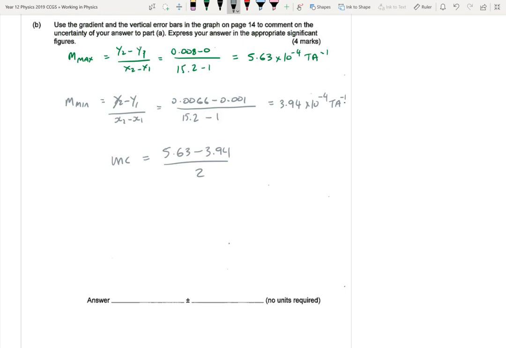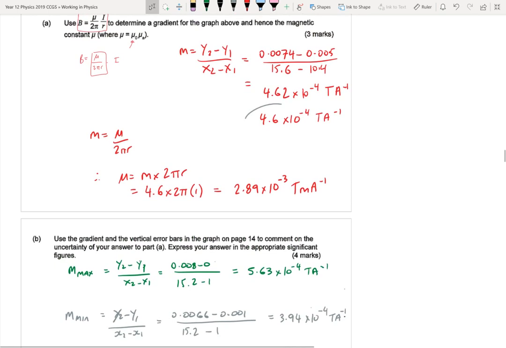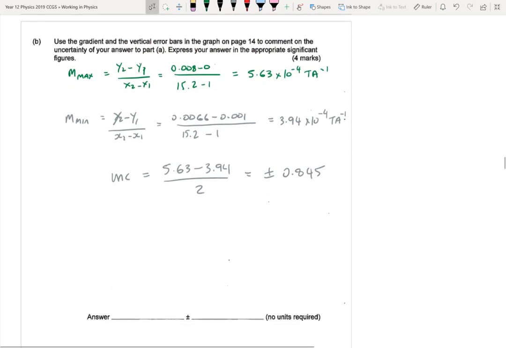That gives 0.845, plus or minus 0.845. So my gradient is now 4.6 plus or minus 0.8. All right, that's what we got to.